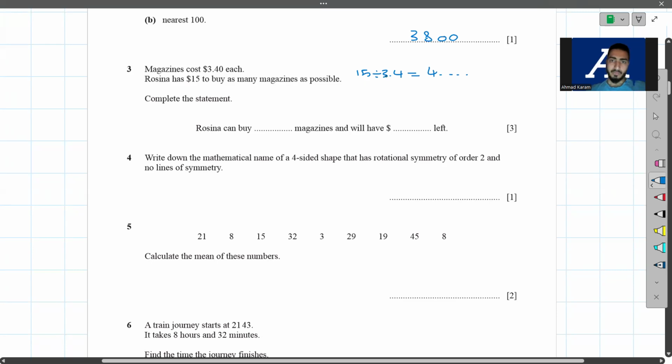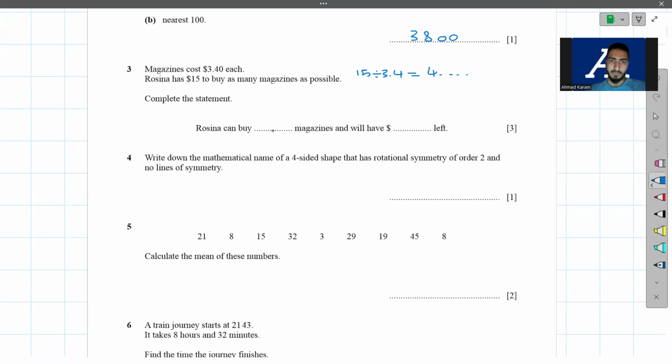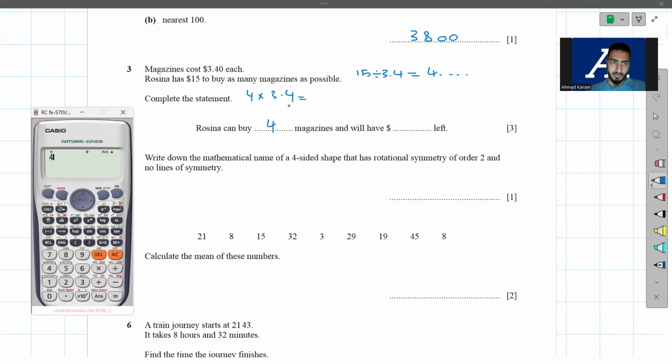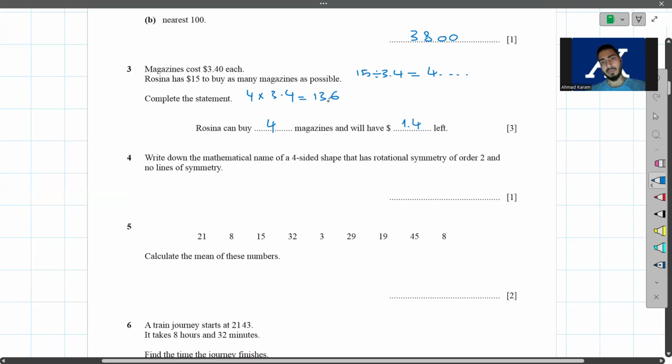So we can buy 4 magazines. Then I'm going to multiply 4 by 3.4, which is 13.6, subtracted from 15, which is equal to 1.4.